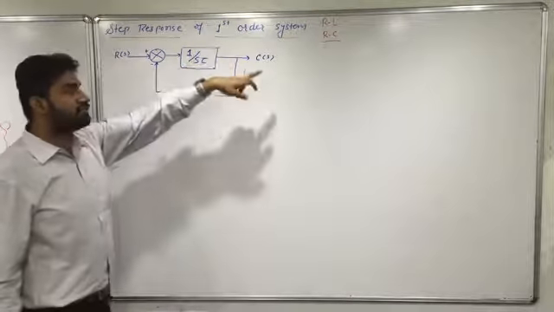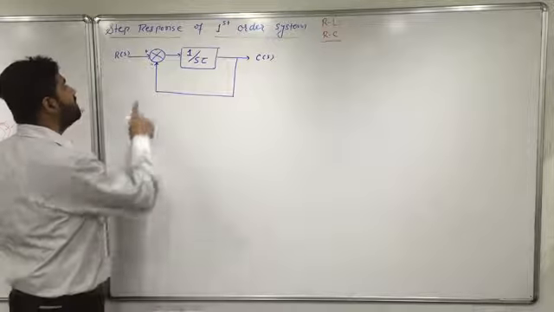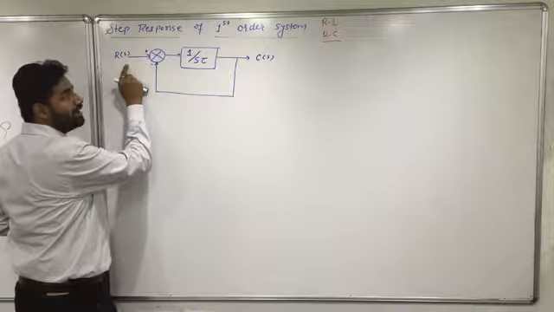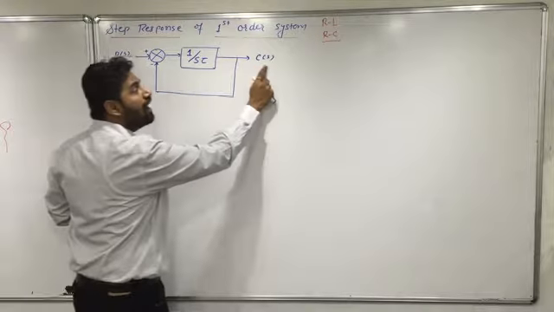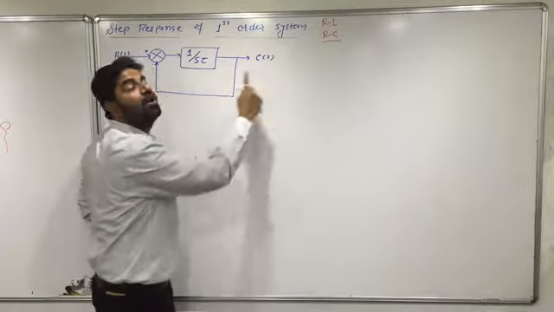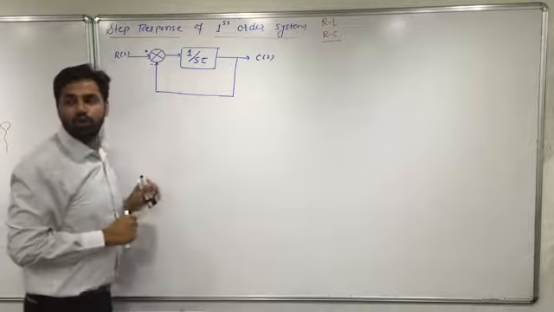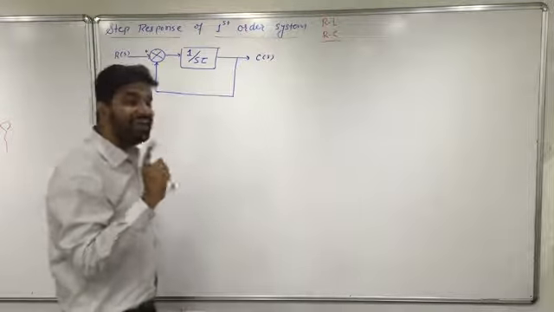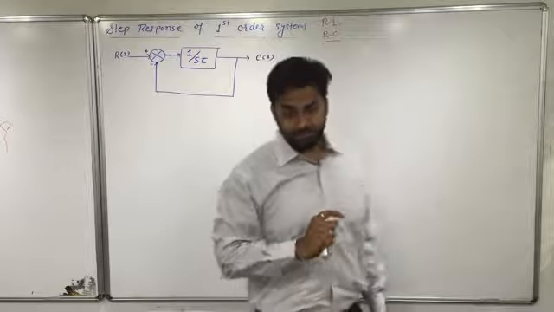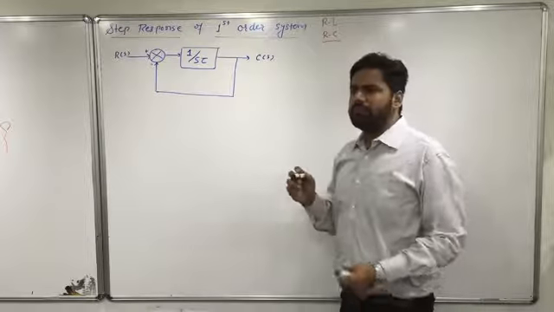When the system is subjected to a step input, how the output will come, how the response will come, I want to check with time. Because I am learning time response over here.